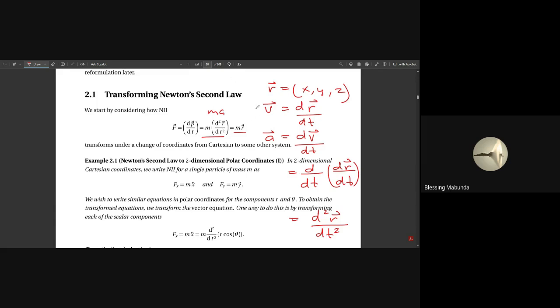This can also be represented as r dot, which means that's the first derivative of the position vector. And for r double dot, that's the second derivative of the position vector, which gives you acceleration. So once you see that dot notation, just know that your r is given as a function of time.